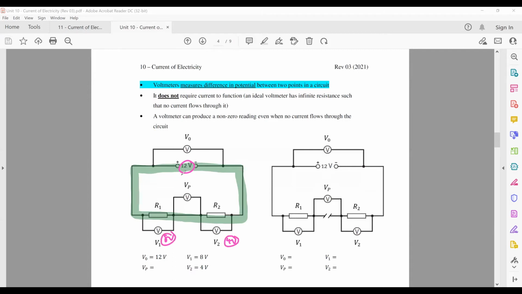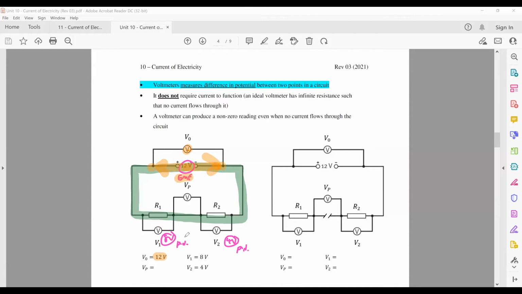This one is your EMF, this one is your PD, and this one is your PD. So I have a voltmeter that is connected across this point and this point. It's measuring the differences in potential here. Since my EMF is 12 volts, obviously it will measure 12 volts.